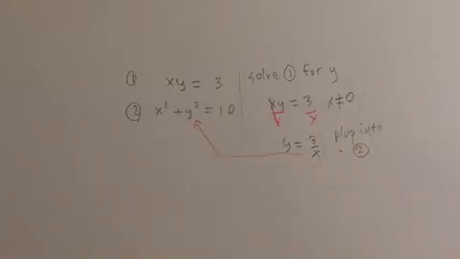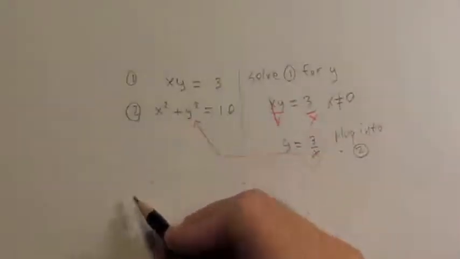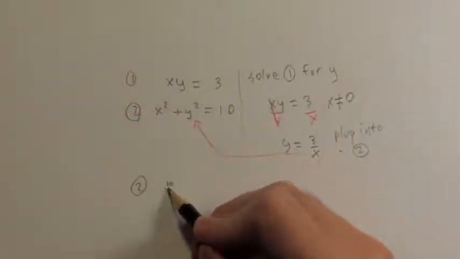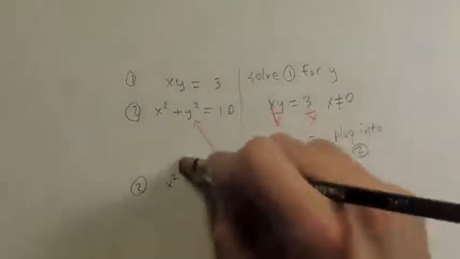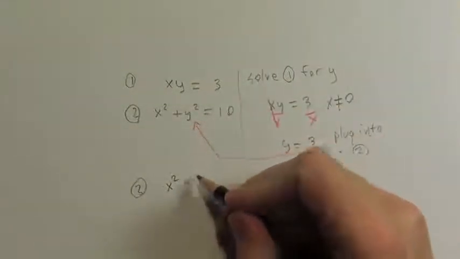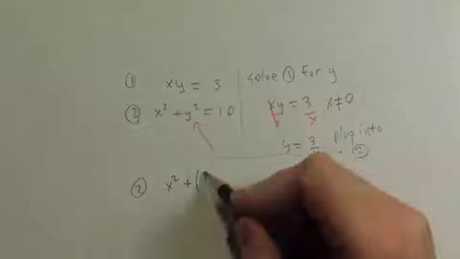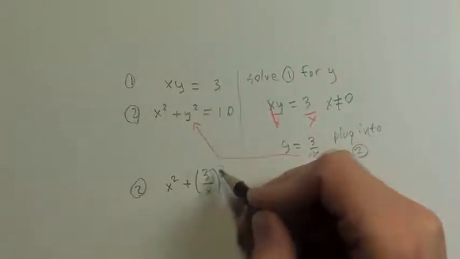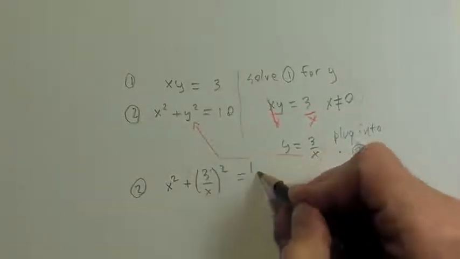So if we can avoid it, it's my advice. All right. So that means x squared doesn't change, but y squared, I'm going to take my y, which is 3 over x, square all of that. Say that that's equal to 10.